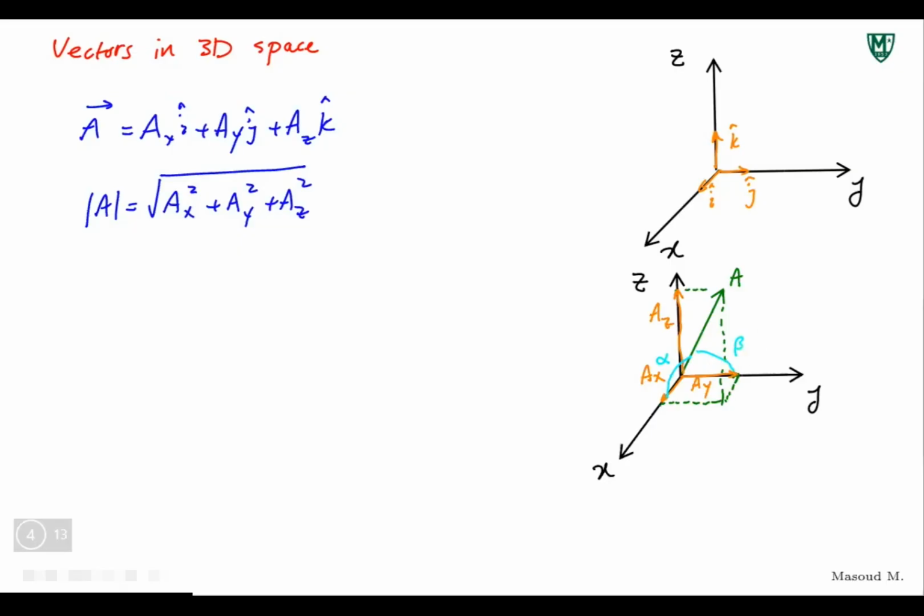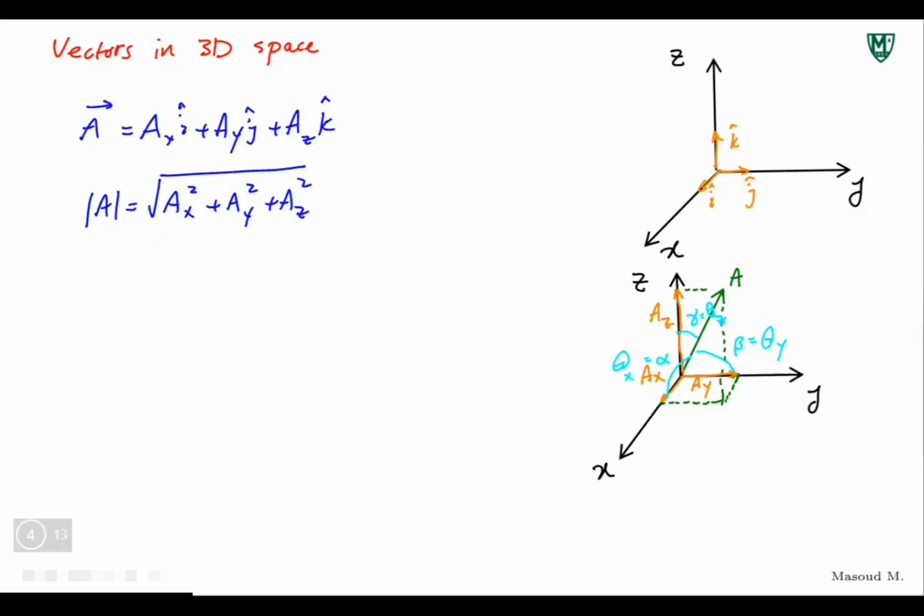And this angle, I'll call it gamma. Now in your book, you will see a similar way of representing vectors. Instead of alpha, beta, and gamma, you'll get theta X, theta Y, and theta Z, representing angles that specific vector in 3D space creates with different axes.